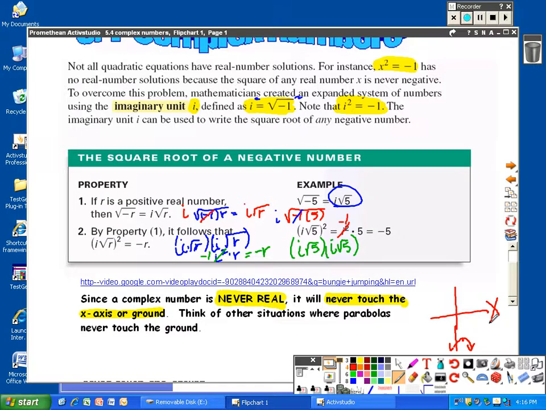And I believe that exercise number 3 also never touched the ground. I believe it looked like this. So notice it never touches this x-axis either.